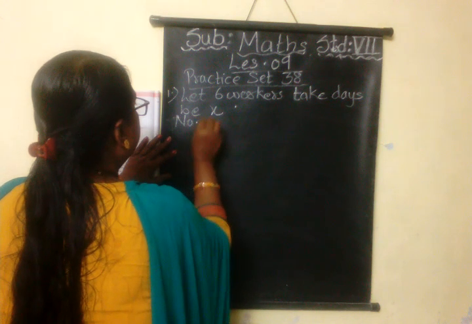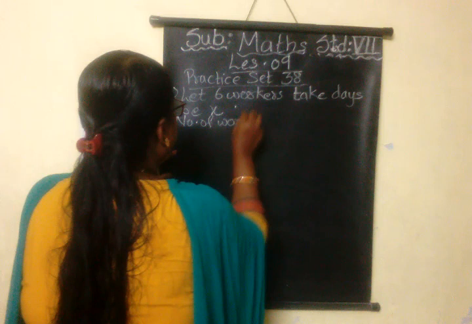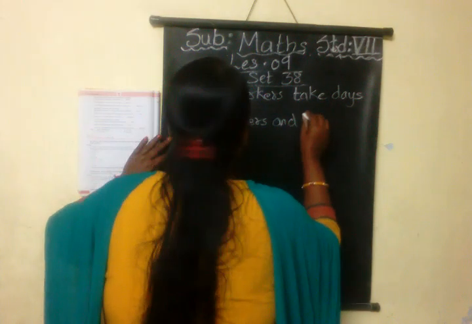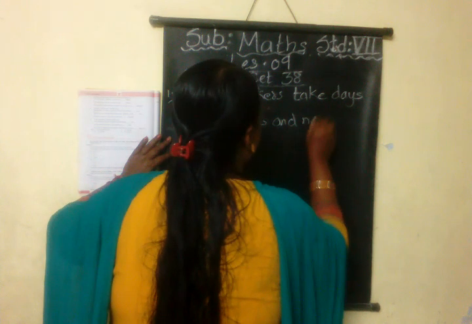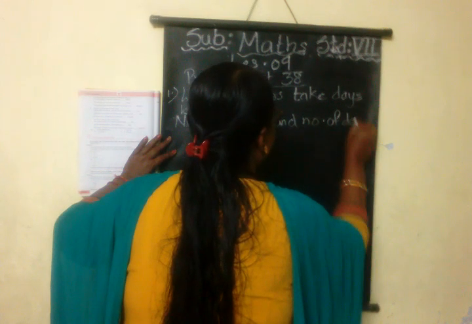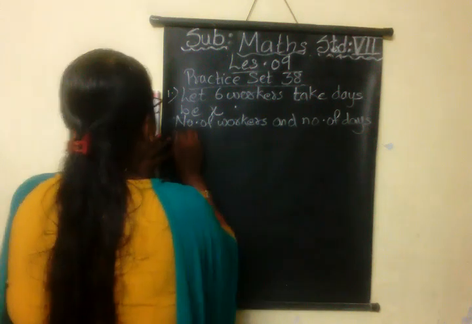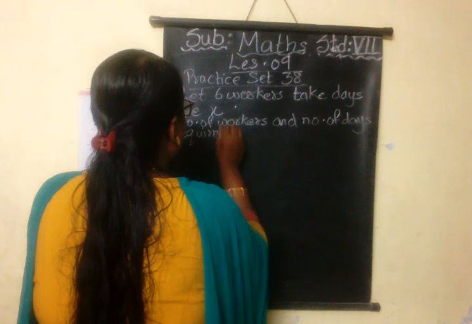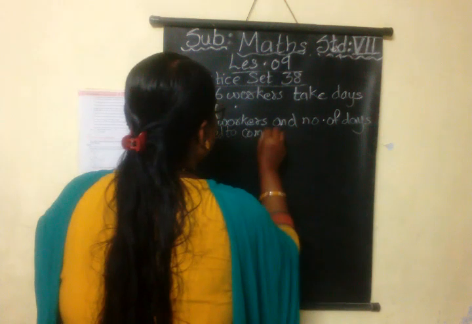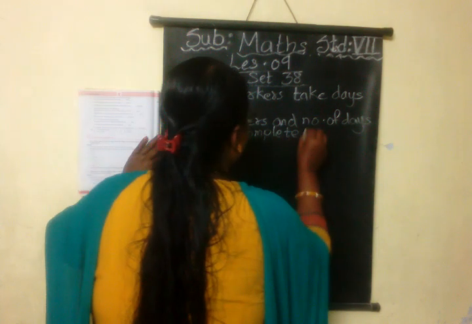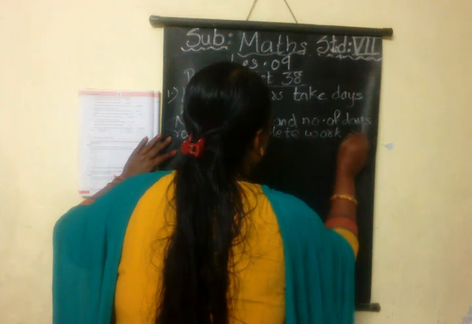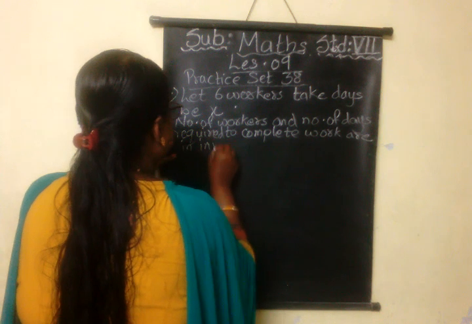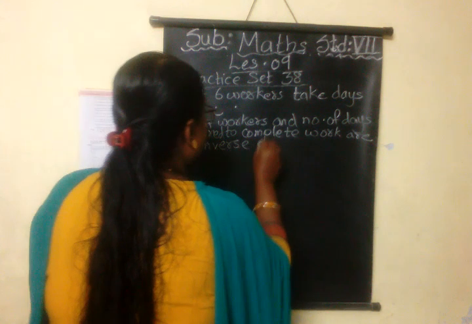The number of workers and the number of days required to complete work are in inverse proportion.